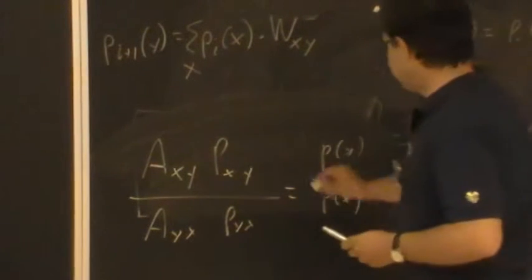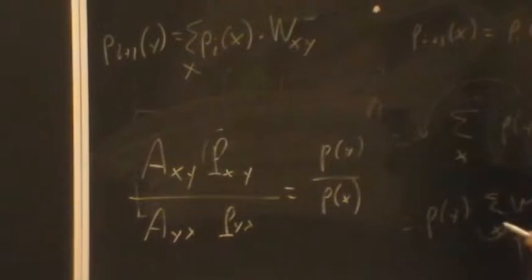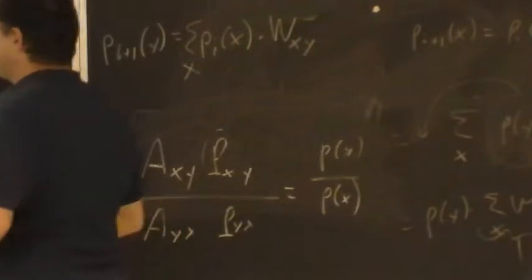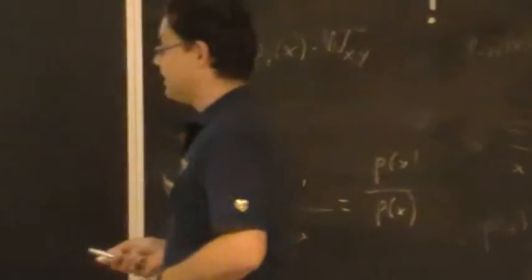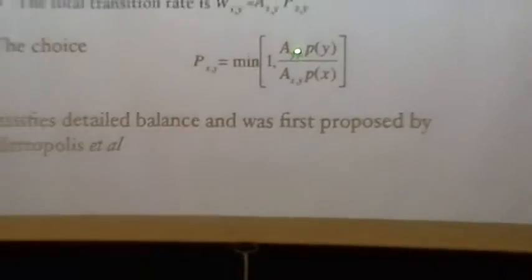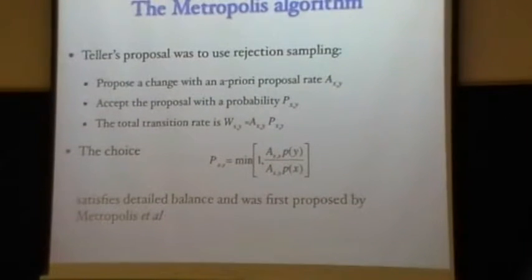And we want to find the solution for these capital P's. The solution is to just use the minimum of 1 and the ratio of A_yx times P of y divided by A_xy times P of x.